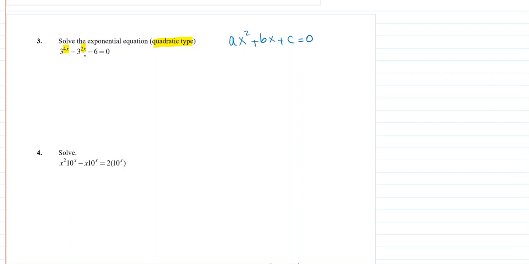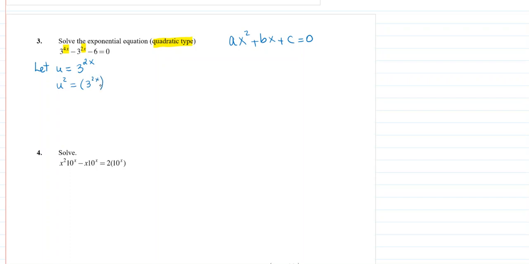There's a constant, there's 3 terms. The power on this one is 4x, which is twice as big as the power on this one, which is 2x. So we're going to do our substitution just like we did with quadratic types before. We are going to let u equal 3 to the 2x. Then 3 to the 4x is just going to be u squared.